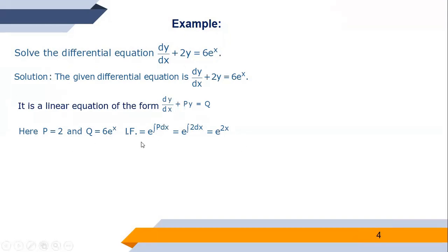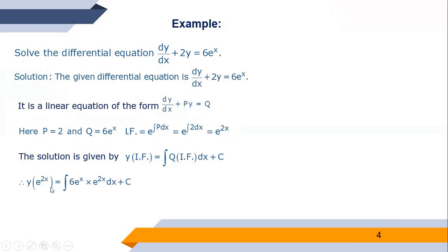Therefore, the solution form of the linear equation is y into integrating factor is equal to integration q into integrating factor dx plus c. So we input all the values. So y into e raised to 2x is equal to integration 6 e raised to x, which is q of x, and the integrating factor e raised to 2x dx plus c.